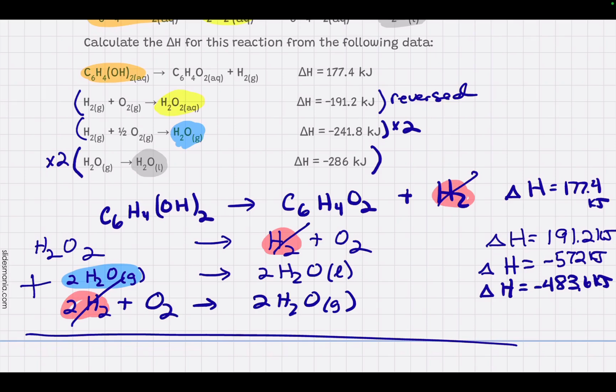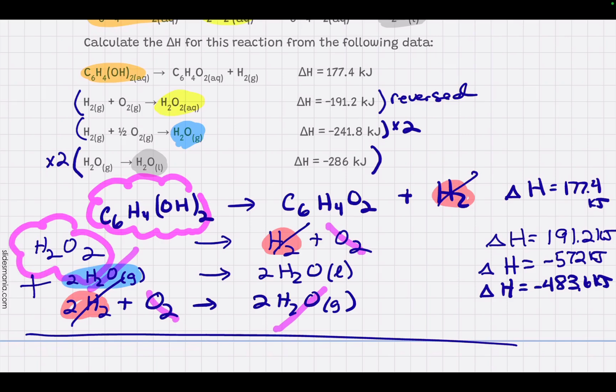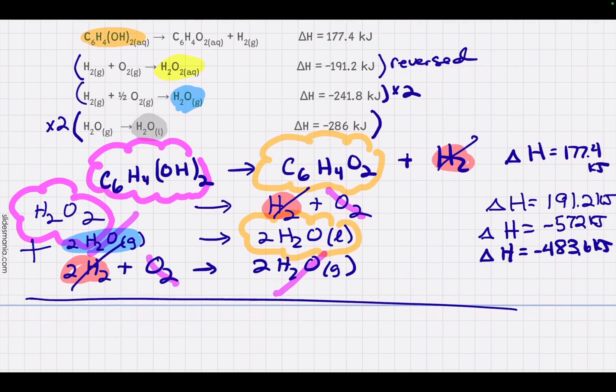And then the water gas will cancel. And the oxygen will. So what I'm left with is going to come down now. So I've got these on the reactant side, and I have these on the product side.